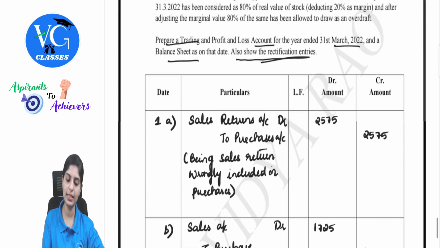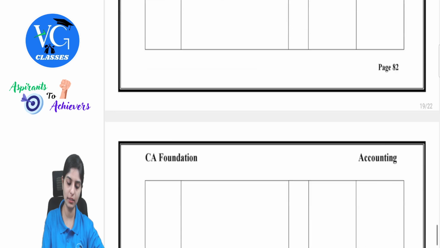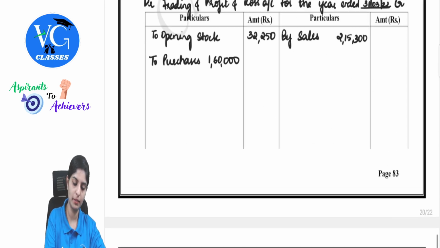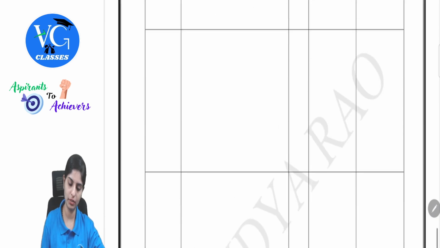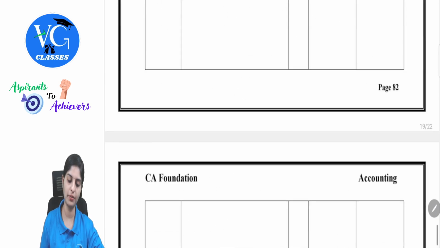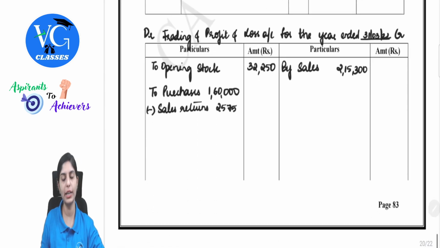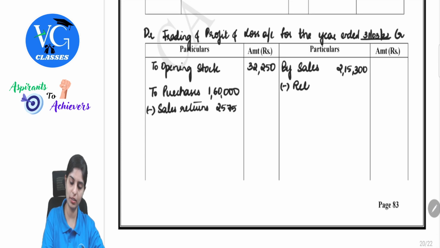So in purchases, I will have to take the sales return minus sales return 2575, right? 2575. And this should have been included in sales return. So minus returns 2575.